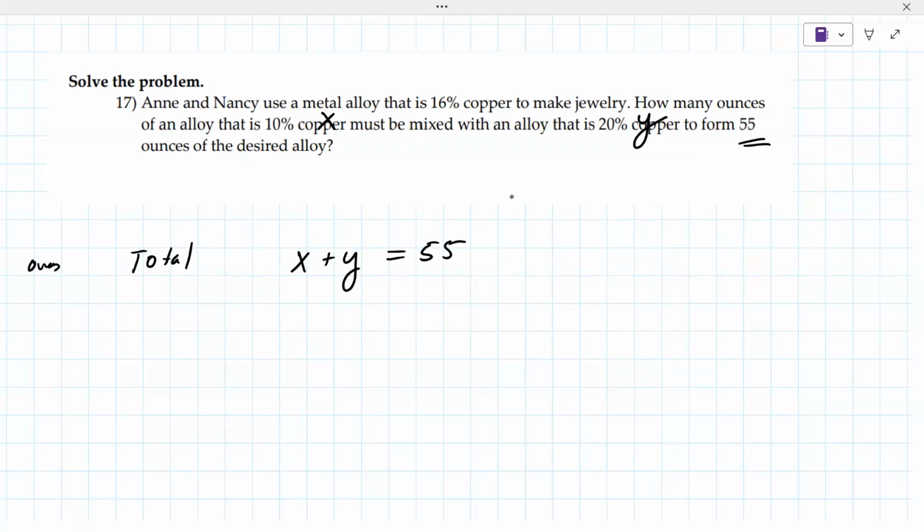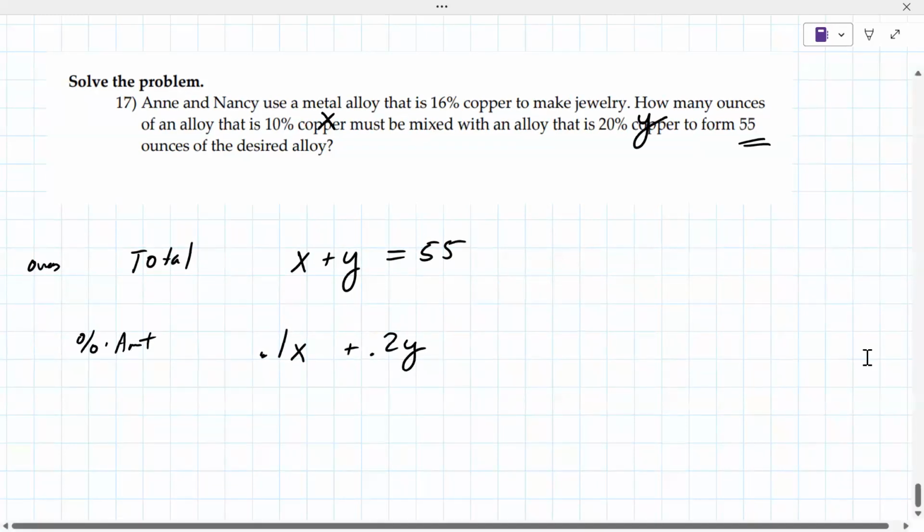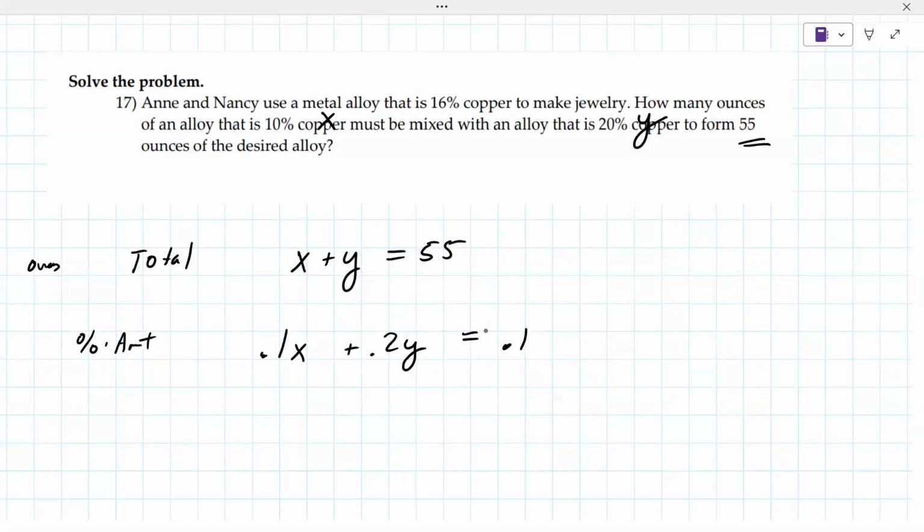Okay. And they're going to use 10% x plus 20% y. So the next one is the percent times amount equation: a percentage times an amount equals. They want a 16% blend times the total, which is 55. If you have a calculator, you definitely want to calculate some of these numbers.